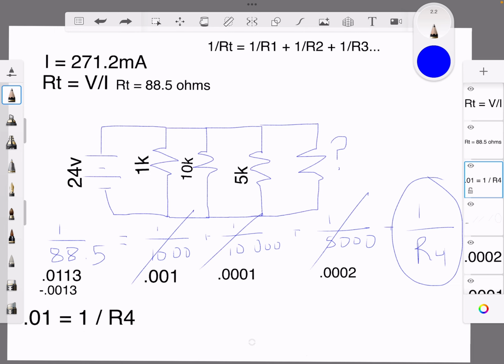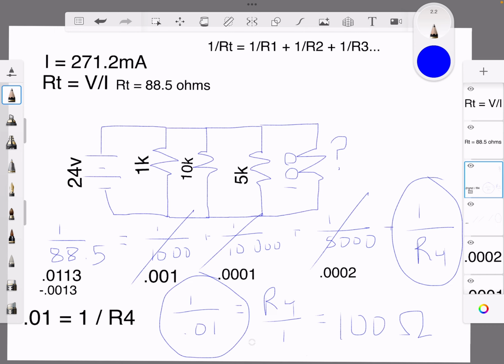So I'll show you over here. 1 divided by 0.01 equals R4 over 1 because we took the reciprocal, which is R4. So now all you have is one more problem. 1 divided by 0.01 gives us a wonderful number of 100 ohms.